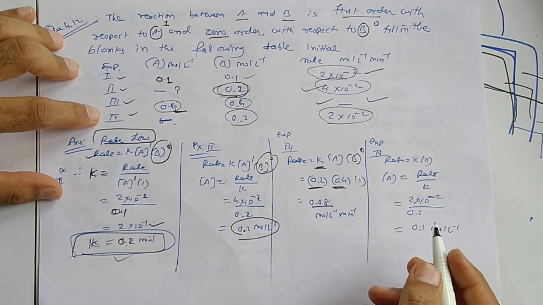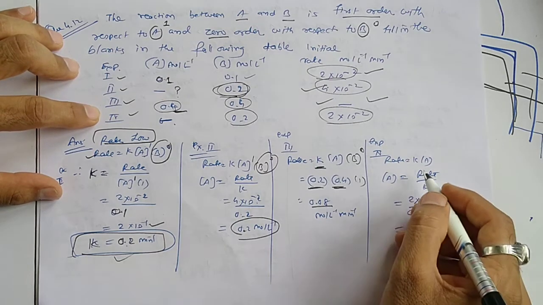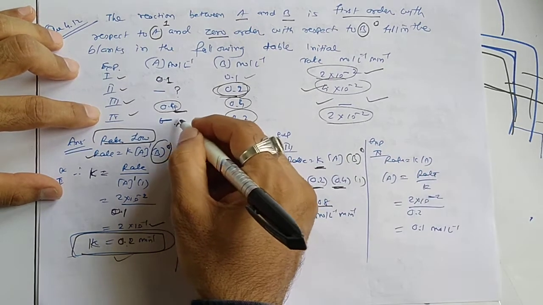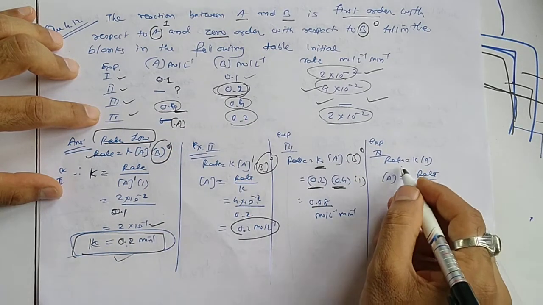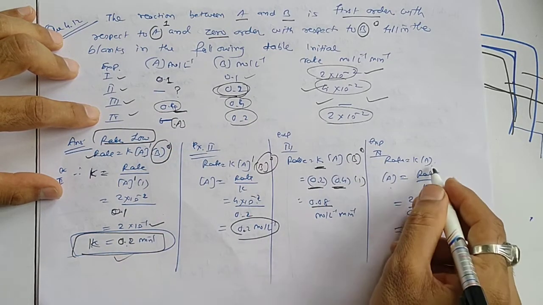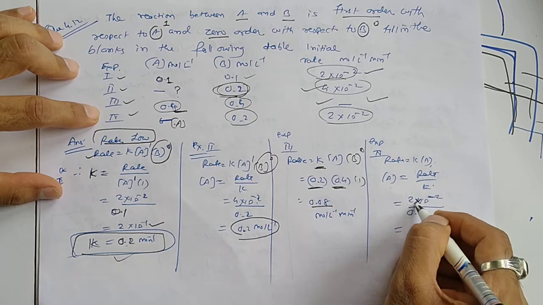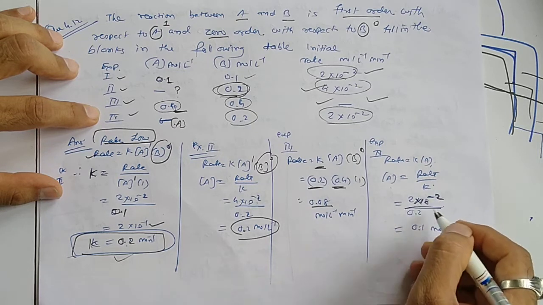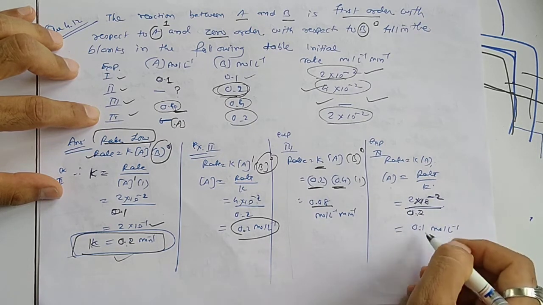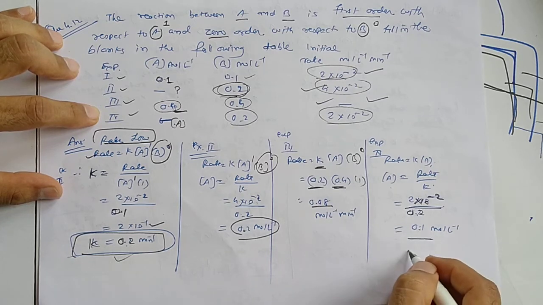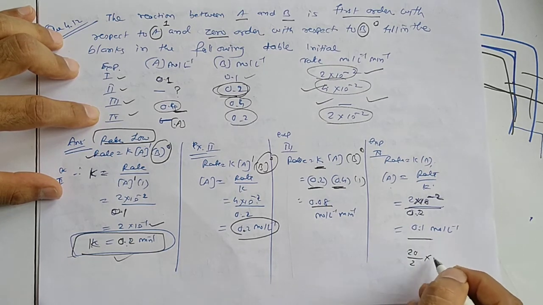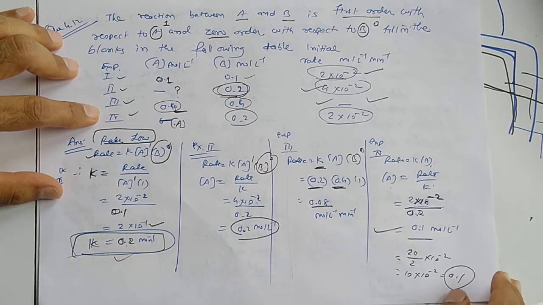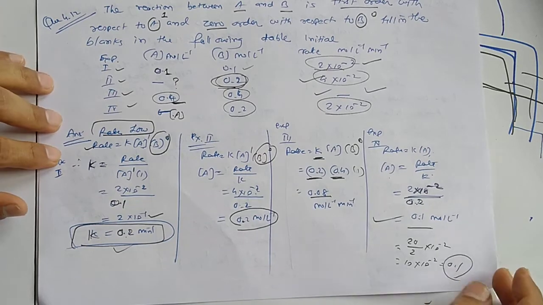Now in the fourth one, once again we need the concentration of A. So rate equals k into [A], so [A] equals rate upon k, 2 × 10^-2 upon k. So 0.1 mol per liter. Why? 20 by 2, 10^-2. So 0.1. This is our answer.